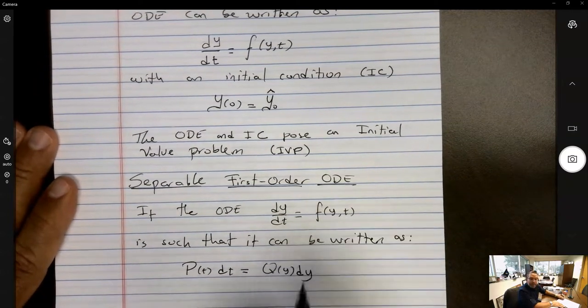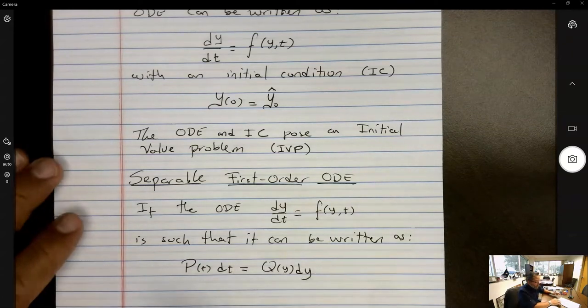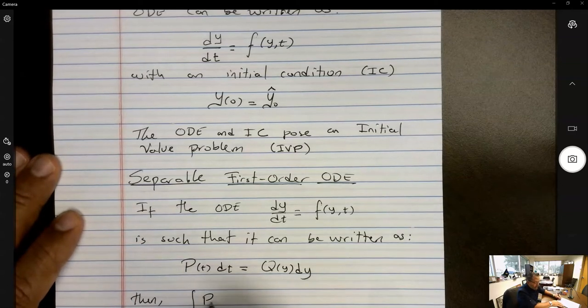Somehow I take that differential equation that is given to me, and it is such that I can break up the t's and send them to one side, and the y's to the other side, and separate them. That's why it's called separable. Then the integral of p dt is equal to the integral of q of y dy.